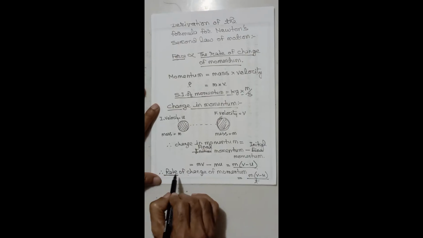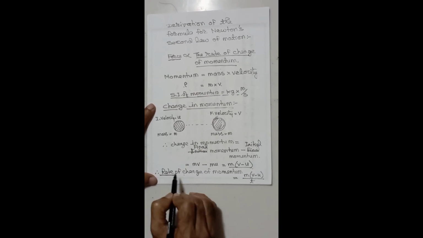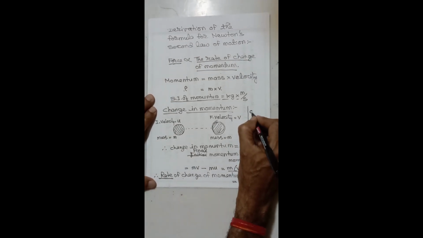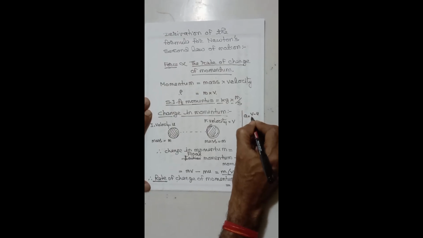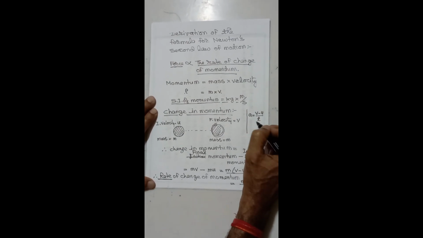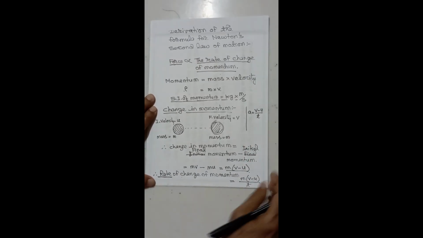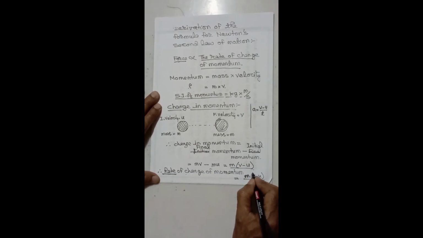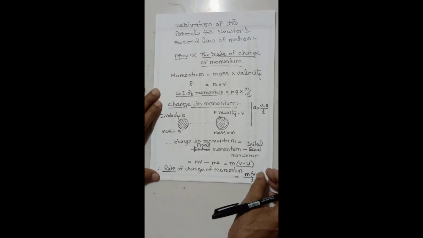Recall the definition of acceleration: acceleration is equal to rate of change of velocity, so we write v minus u upon t. So when rate is used, in physics we put t in the denominator. So we have derived a formula for rate of change of momentum.